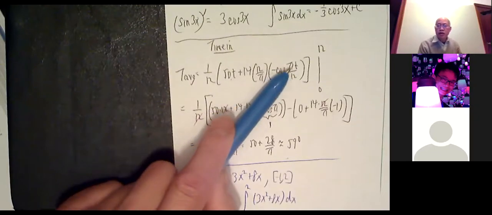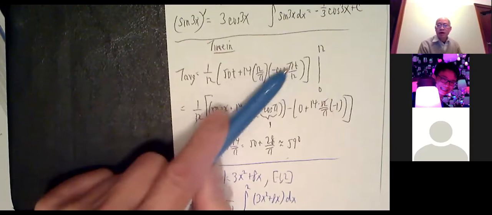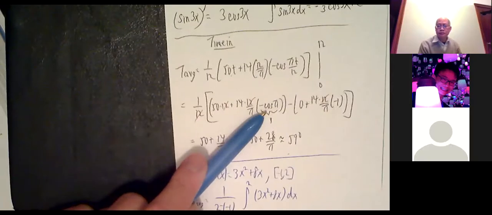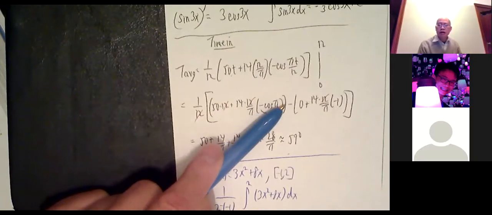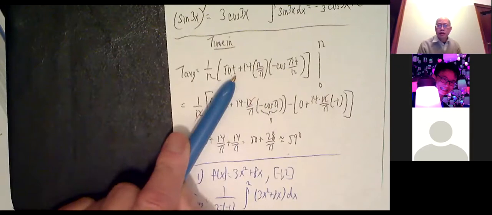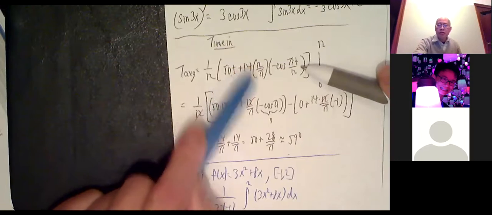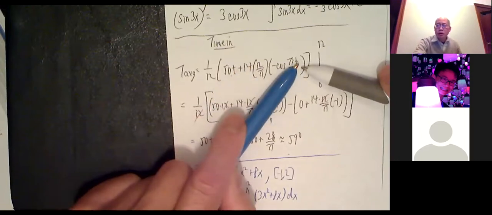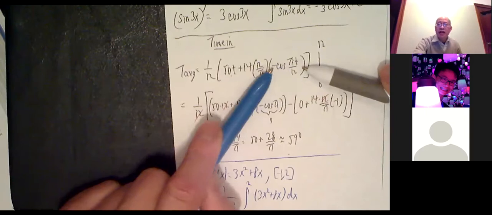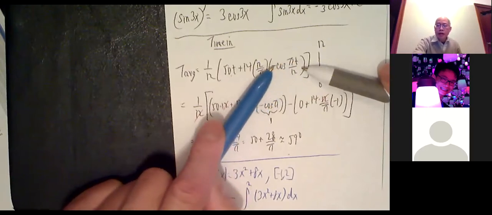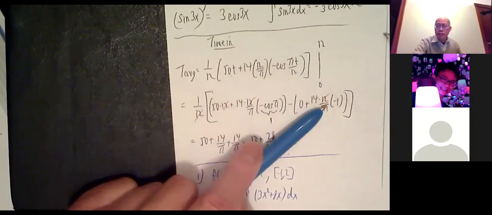Put a 12 here. I've got 12 over 12, which is 1, pi. So negative cosine pi. Minus, plug in 0. Put a 0 here, you get 0. But not over here. Put a 0 here: 14 times 12 over pi. Put a 0, you've got negative cosine of 0. Negative cosine of 0 is negative 1.